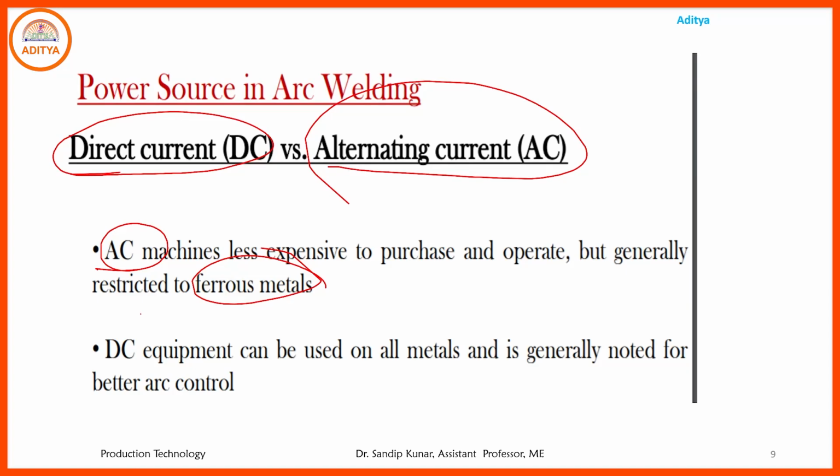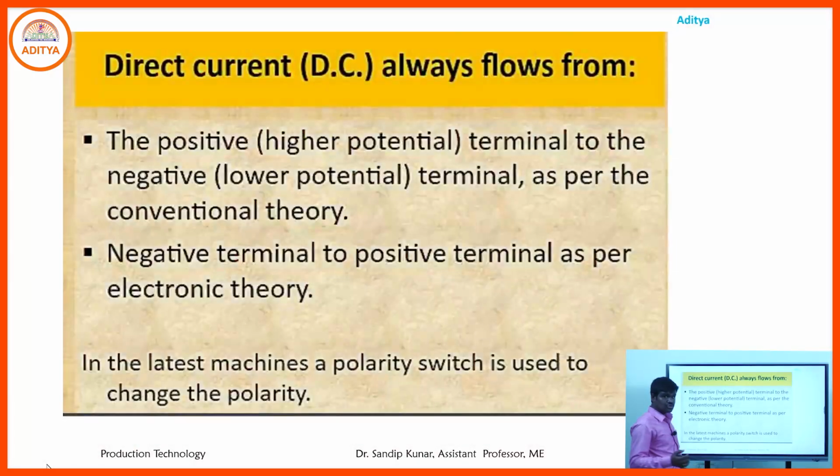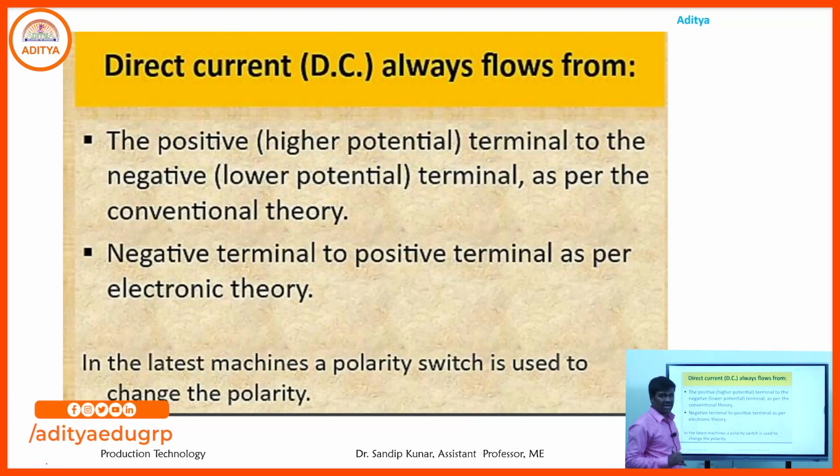In the case of a direct current source, it can be used on all metals, any type of ferrous materials and also non-ferrous materials. This direct source also helps to control the arc generation between electrode and workpiece. What is the meaning of direct current?